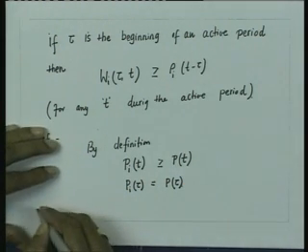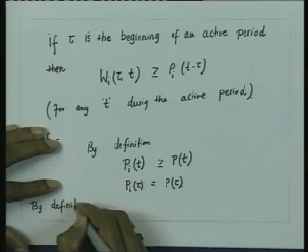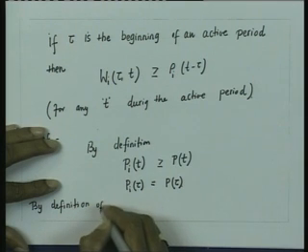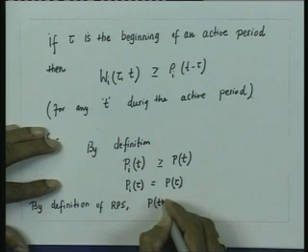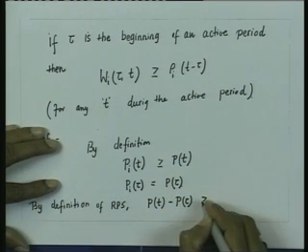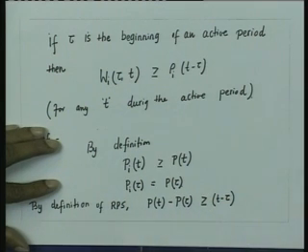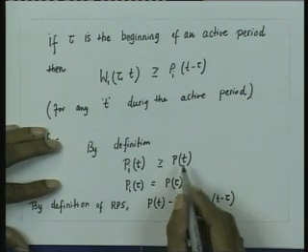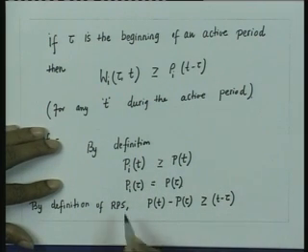Now, by definition of a rate proportional server, the difference in the system potential, that is P(t) minus P(τ), will be greater than or equal to t minus τ. But Π_i(t) is greater than or equal to P(t), and Π_i(τ) is equal to P(τ).